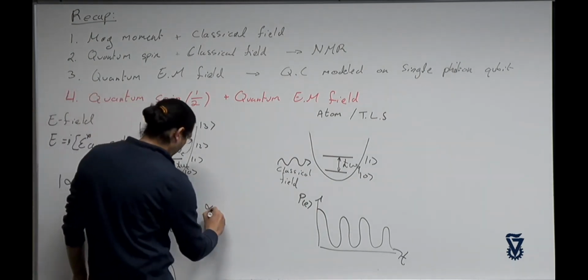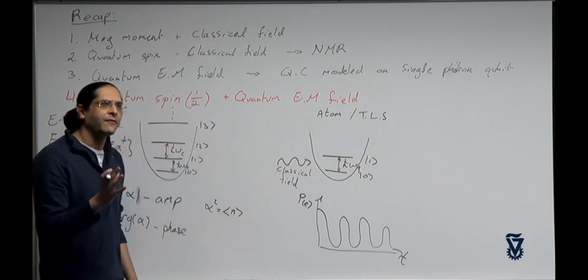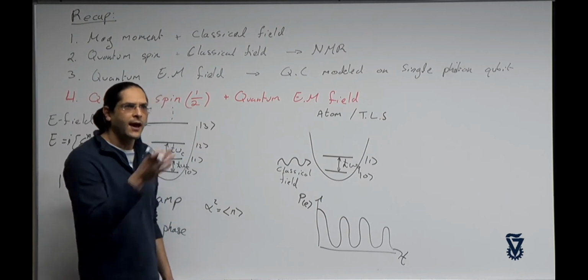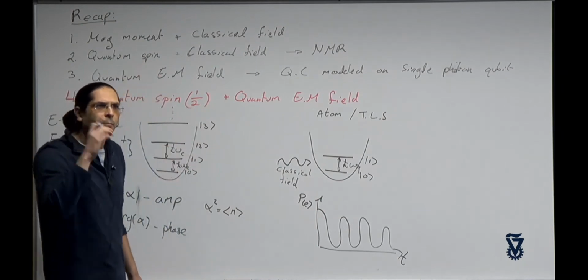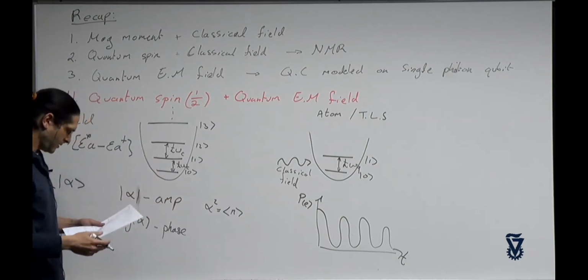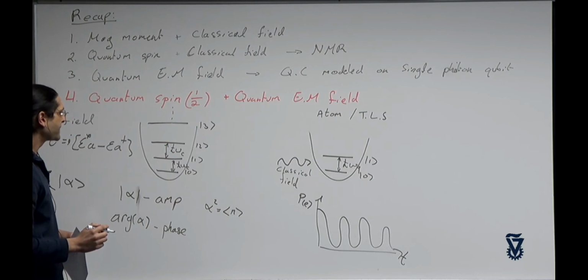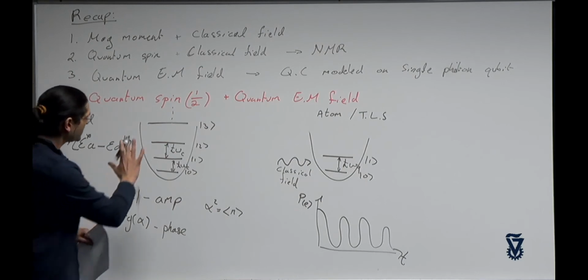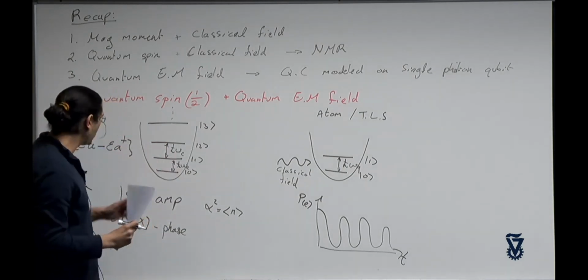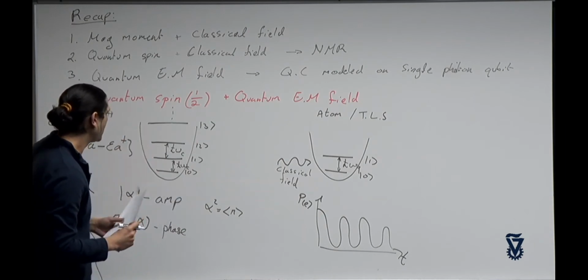And alpha squared was n bar, the average number of photons in that field, and we saw that the photon number is Poisson distributed around this n bar. That kind of recapped our discussion, and we also talked a little bit about the single photon state.